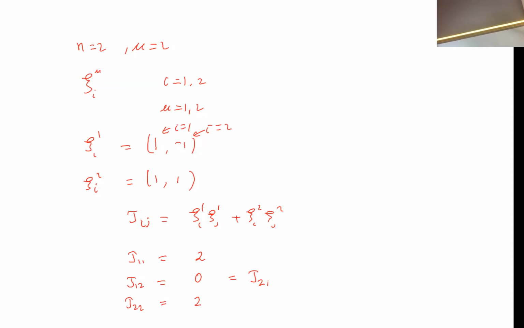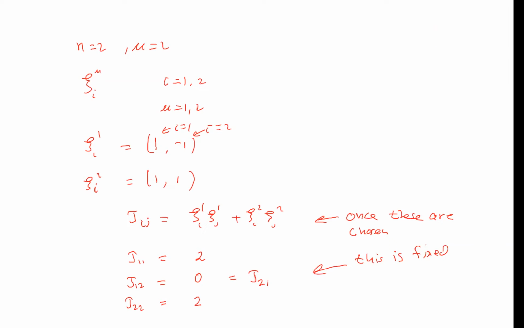Once you've chosen these, this would fix. So what's the relationship between the J and the memory? The squiggles tell you the location of the memories.